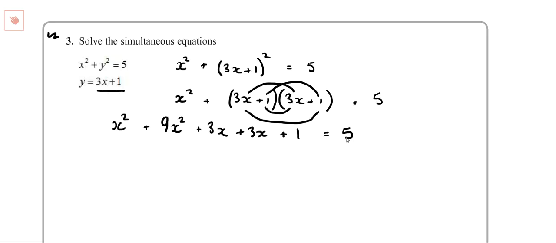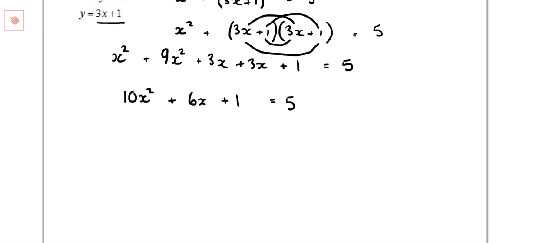Some people got a bit lost and were not writing everything down. So then we collect like terms, so we end up with 10x squared plus 6x plus 1 equals 5.